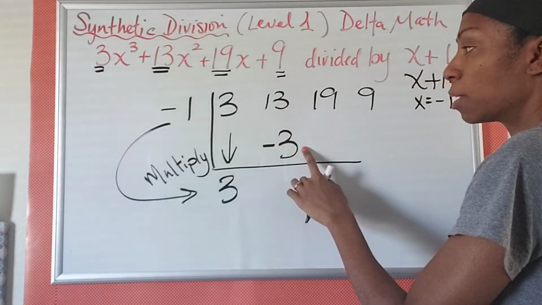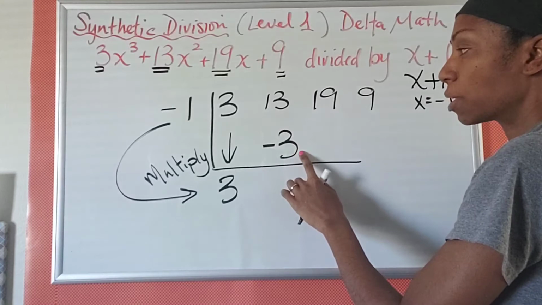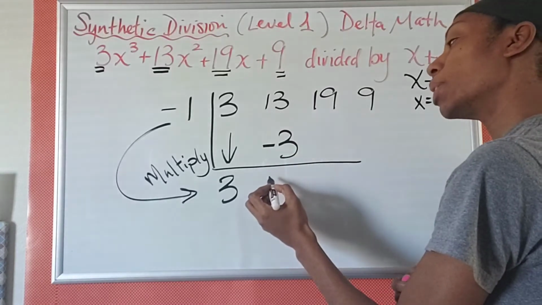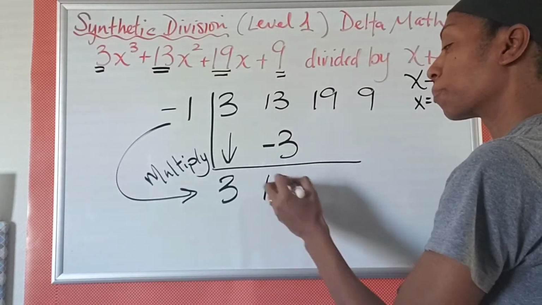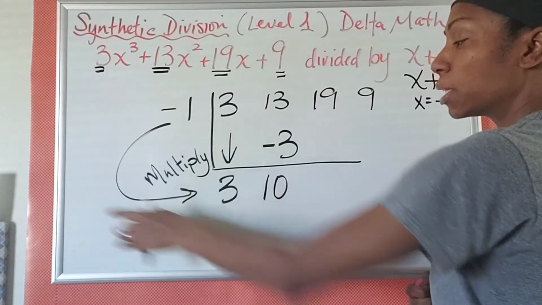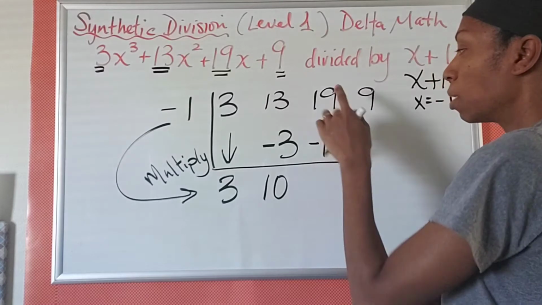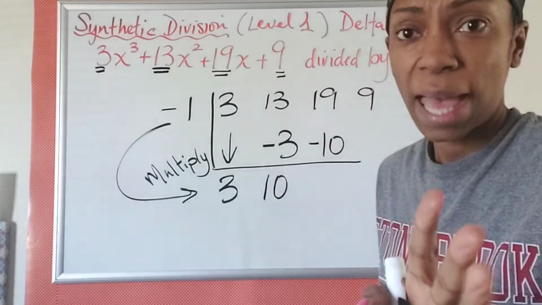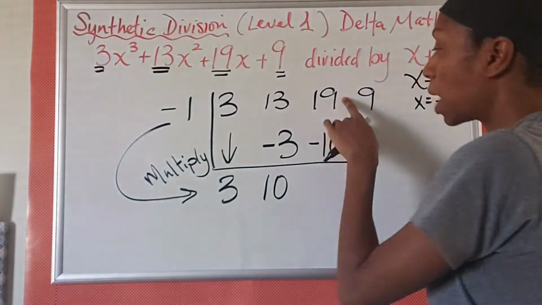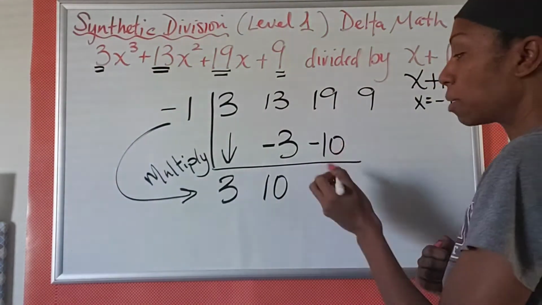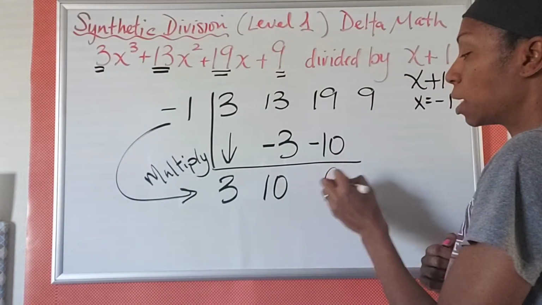And then 13 minus 3 is 10. Then you do -1 times 10, which is -10. I said subtract. It's actually add. Sorry. So 19 minus 10 is 9.